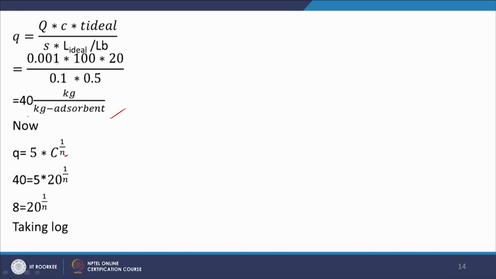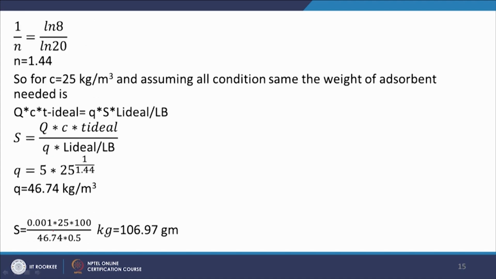So, 40 equals 5 into 20 to the power 1 by n, or 8 equals 20 to the power 1 by n. Then we take log. So, log 8 equals 1 by n into log 20. So, 1 by n is equal to log 8 by log 20, and n is equal to 1.44.